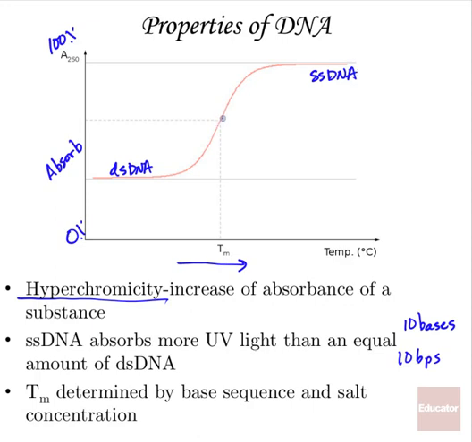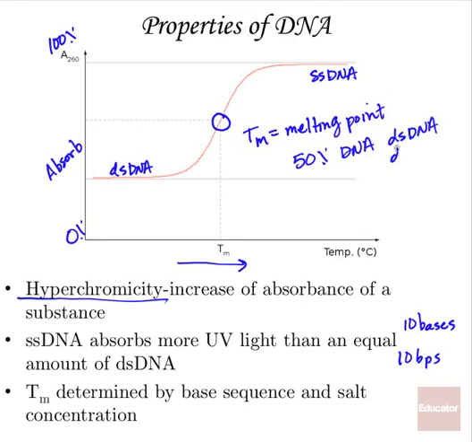Right here at the inflection point is what we call the Tm, or the melting point. The melting point is the point at which you have 50% of your DNA as double-stranded and 50% as single-stranded.